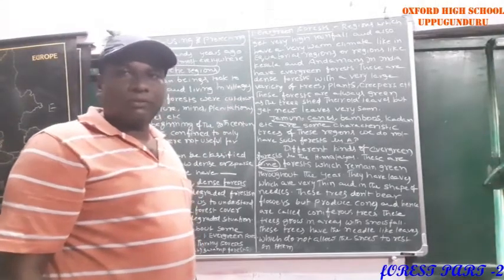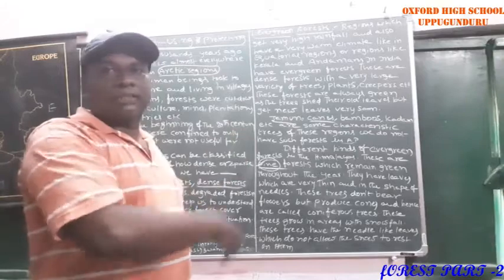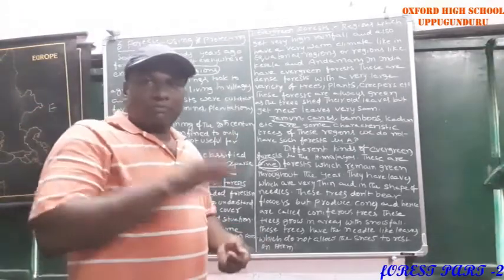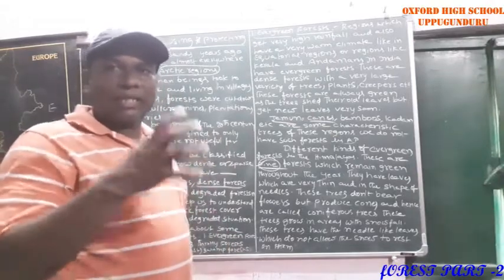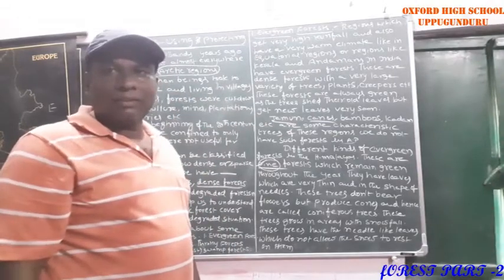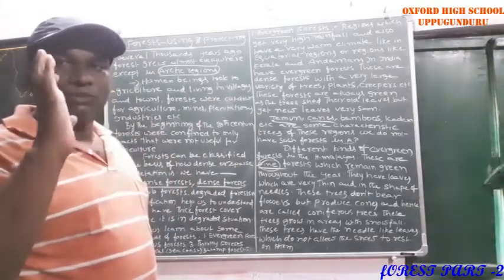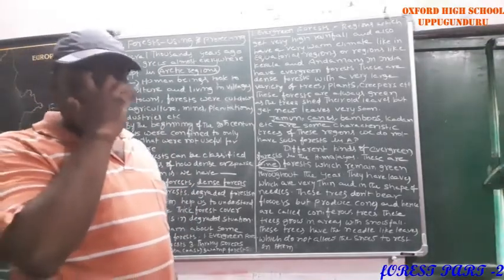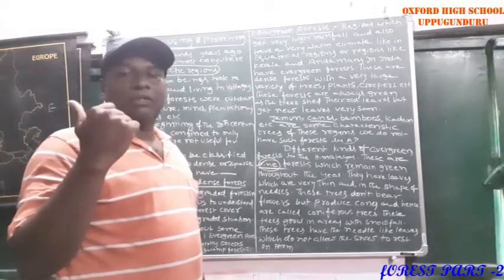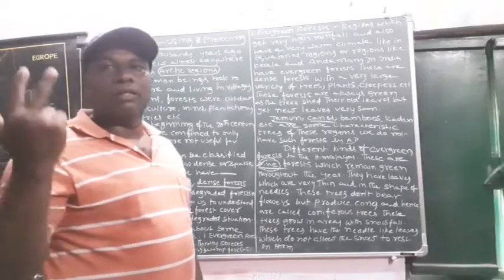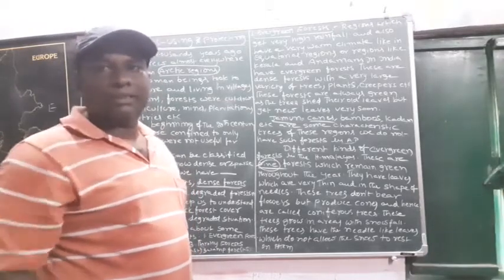So human beings are the cause of the decrease in forest area. Based on the thickness of the forest, classification was done. Here we are going to discuss four classifications. Number 1 is evergreen forest. Number 2 is deciduous forest. Number 3 is thorny forest. Number 4 is littoral forest.